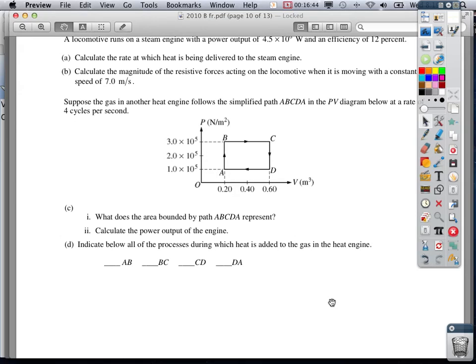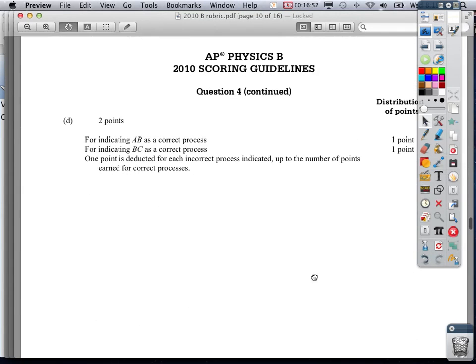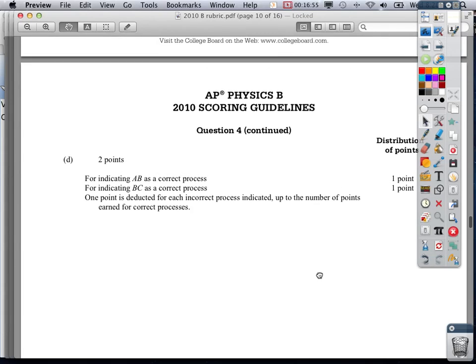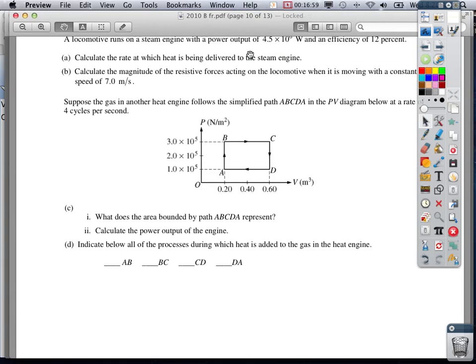And then indicate below all the processes during which heat is added to the gas in the heat engine. Well, we kind of already talked about that. AB, we knew heat had to be added. BC, sorry, BC, we knew that heat had to be added because the volume increased without the pressure changing.